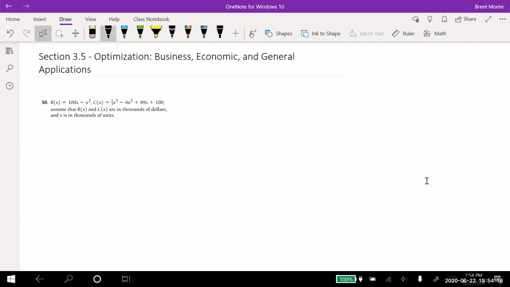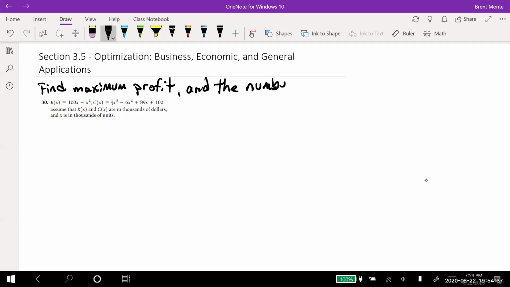The question asks us to find the maximum profit and the number of units required to produce to find maximum profit.